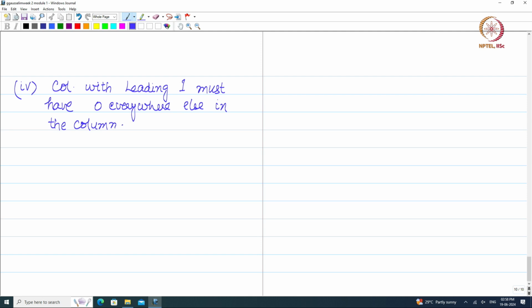The procedure to obtain the RREF is called the Gauss-Jordan elimination method.